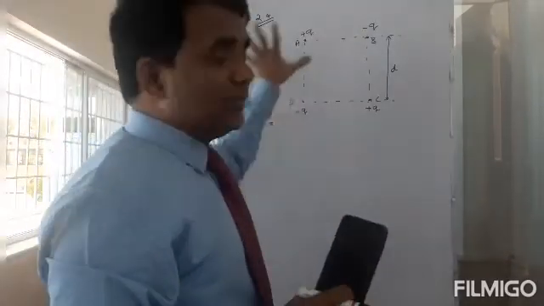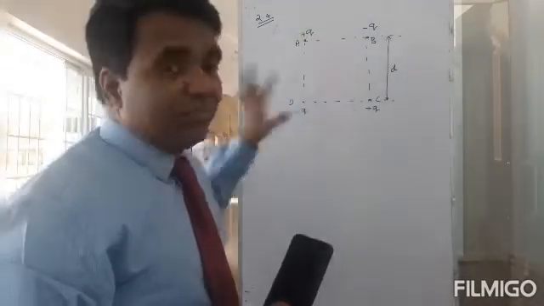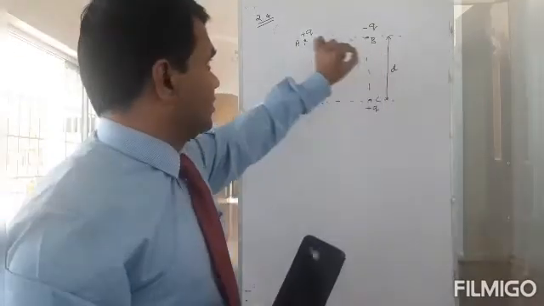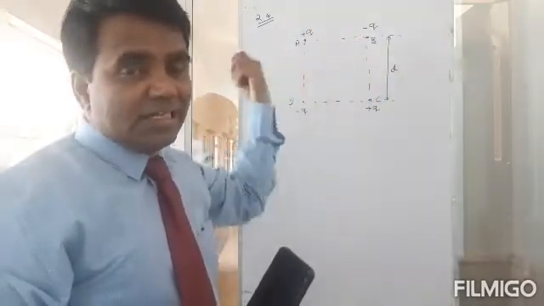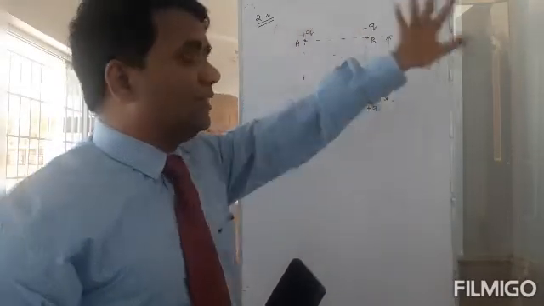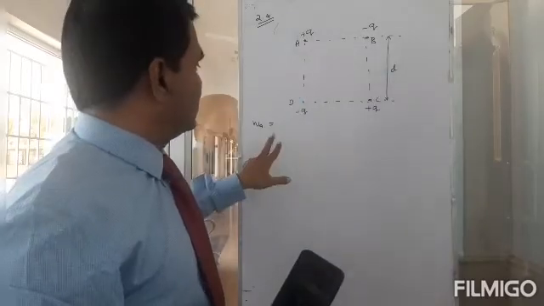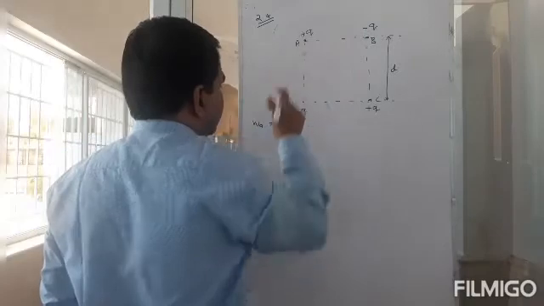There is nothing in that space first. There is no field, nothing. So I don't have to do work against any conservative force. So the work done to bring Q from infinity to this position is 0.